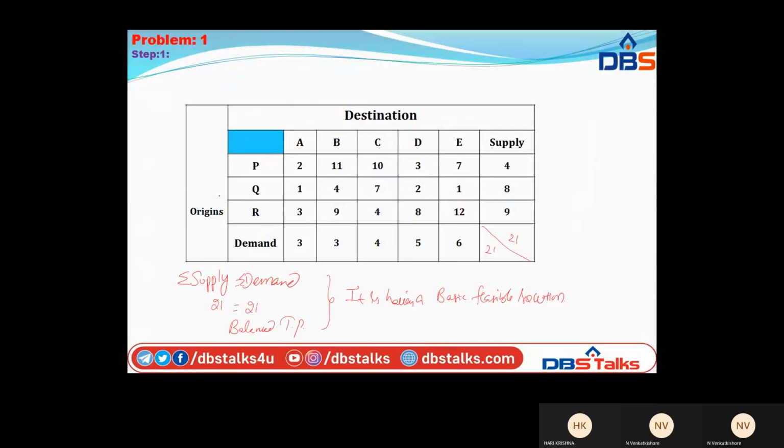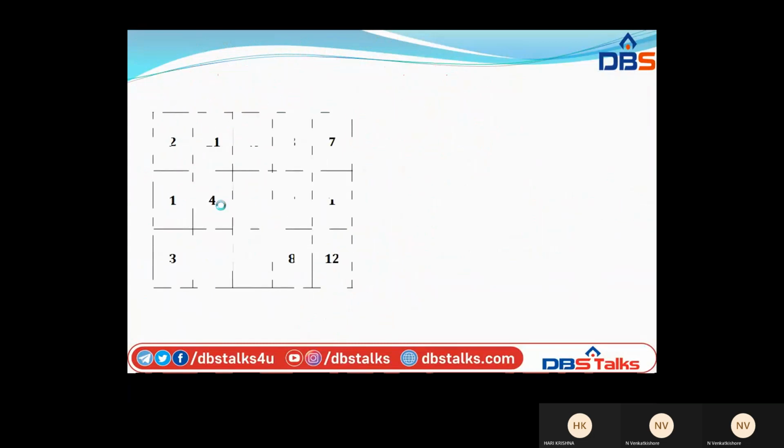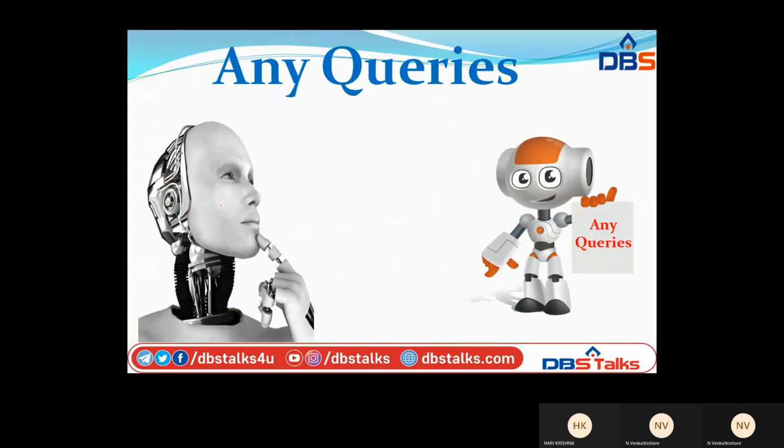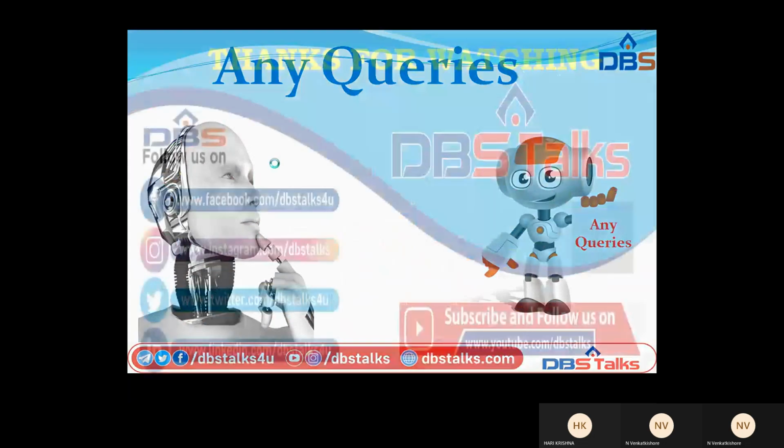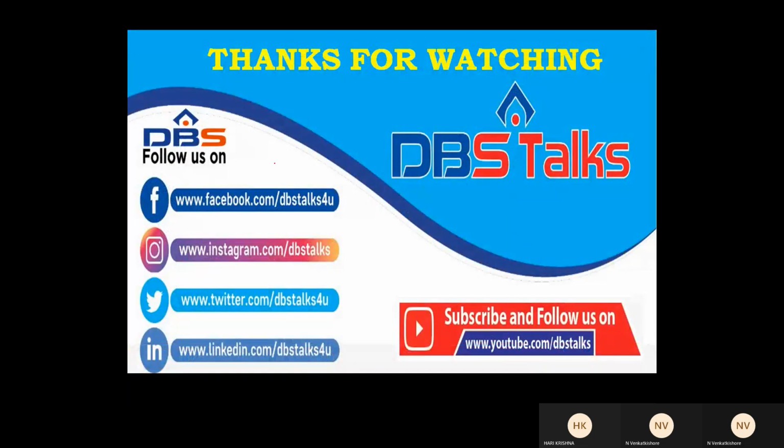Out of all these methods, VAM will give the best solution for the given problem. But there is a somewhat time-taking process. So try to do the problems in a faster manner. If you are making the tables in a single page, it is very easier for us to solve the problems in a faster manner. So try to do all these methods.